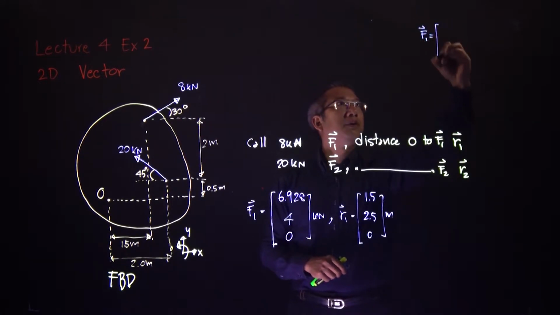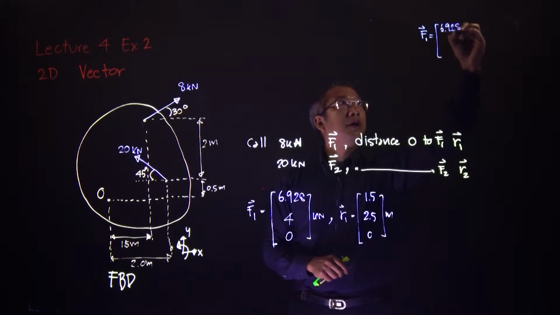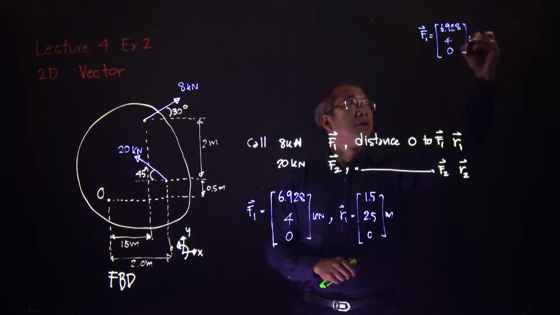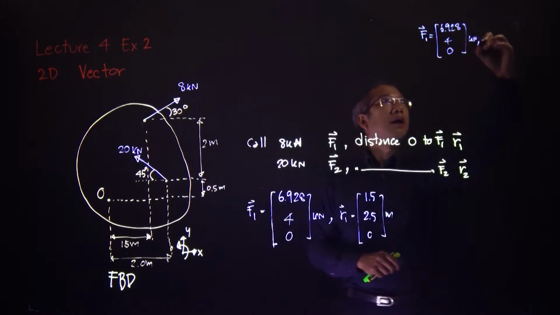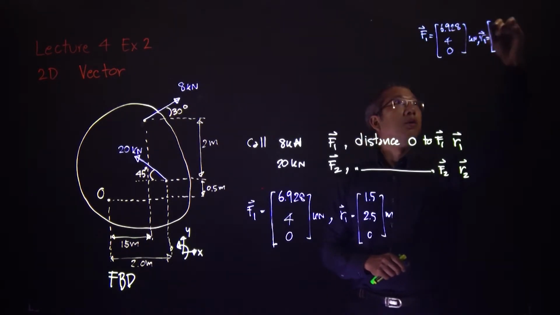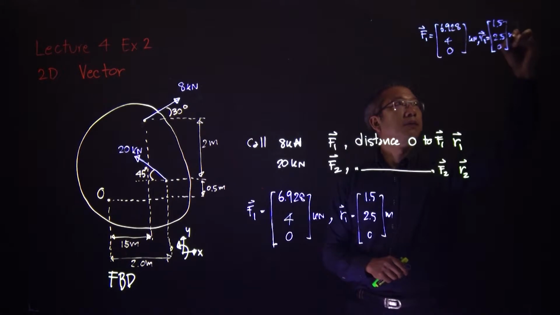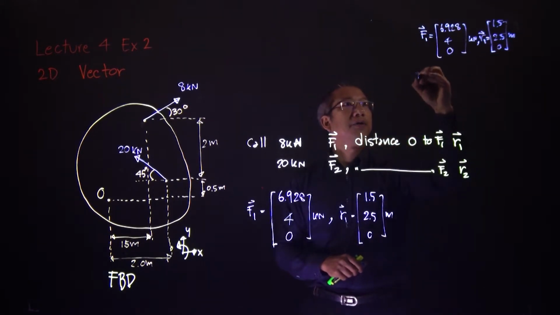F1 is equal to 6.928, 4, 0 kilonewton, and R1 is 1.5, 2.5, 0 meters.